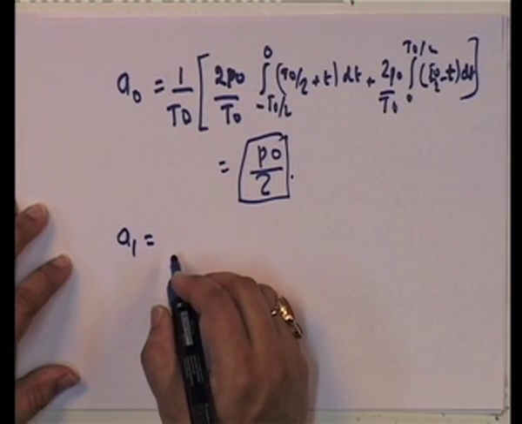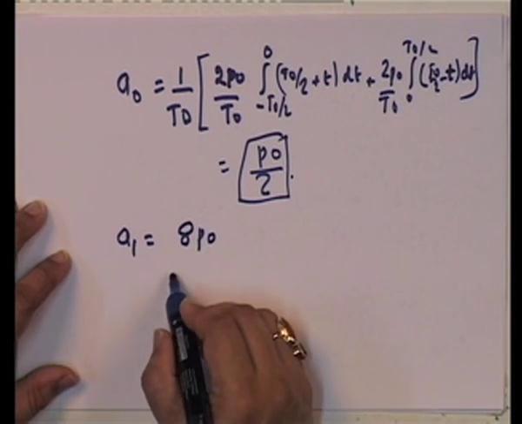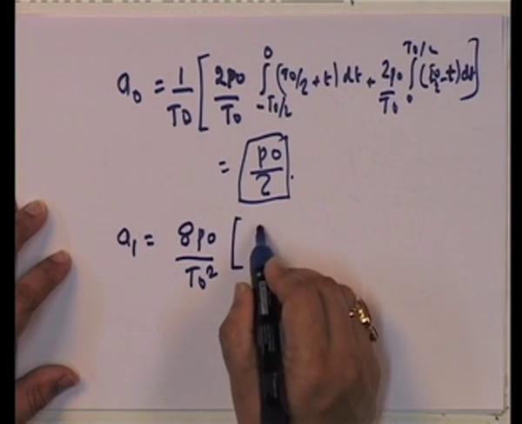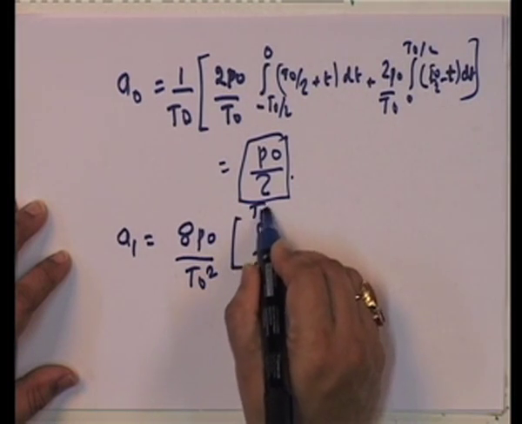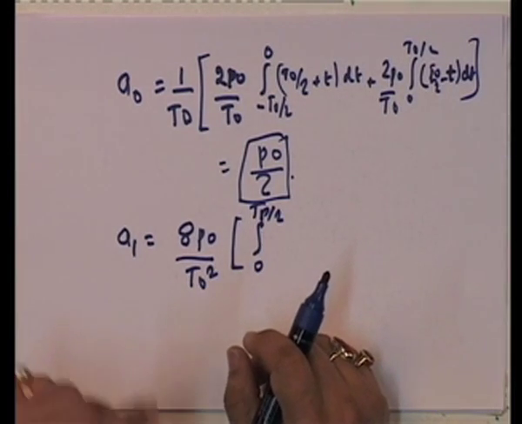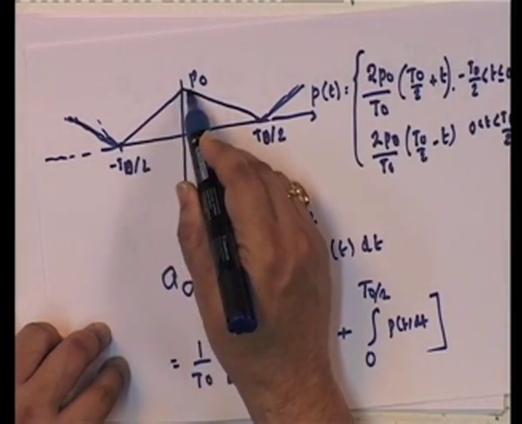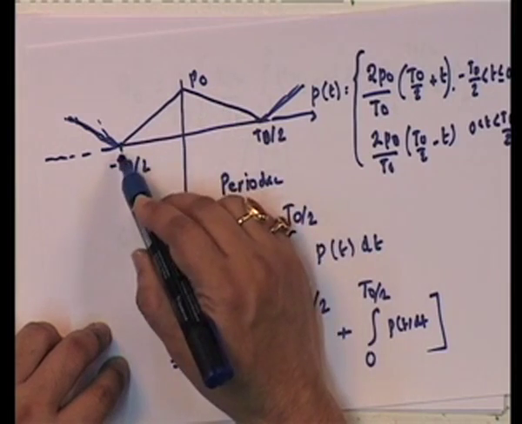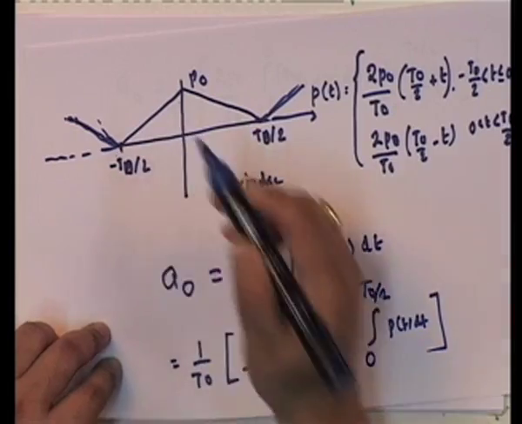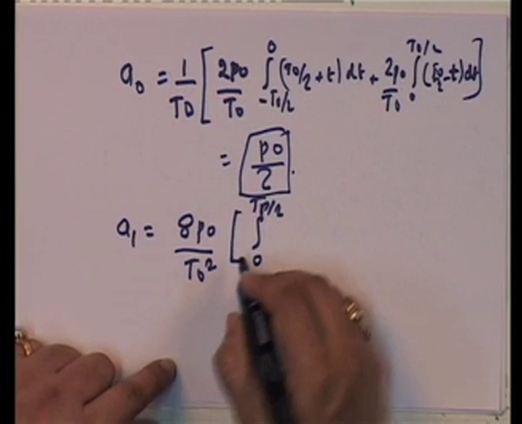So, this is going to be equal to 8 P naught upon T naught squared, 0 to T naught by 2, because note that this is an even function, cosine is an even function. So, when you have an even function and an even function, what happens? You can just do this into this, and this becomes just twice of that. So, that is what I have done. I have just taken one of them and just done twice the other.